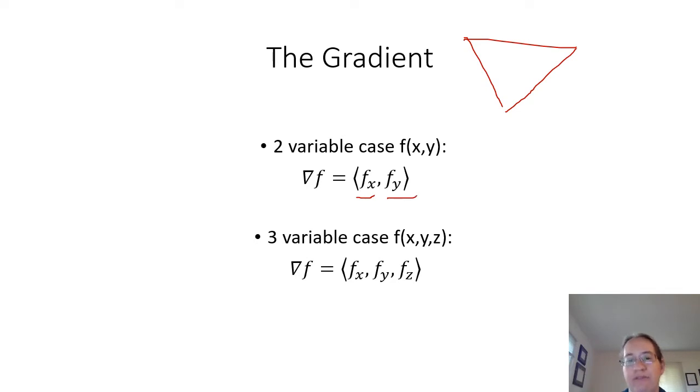Now, if you're being really formal, it's technically a vector, which is a list which you've sort of assigned some extra meaning to. But I don't really want to get into vectors too much. I just want you to think of the gradient as a list of the partial derivatives in alphabetical order. Okay, so in the three variable case, you've got three of them, fx, fy, and fz.